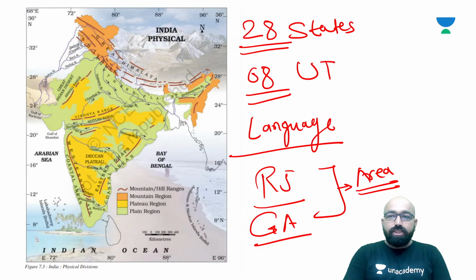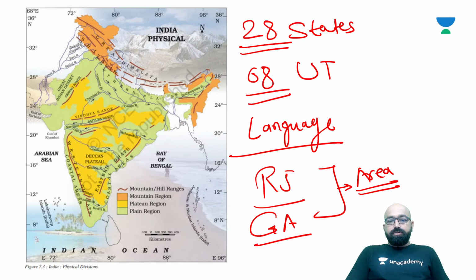So friends, when we talk about physical divisions, India is marked by a diversity of physical features such as mountains, plateaus, plains, coasts, and islands. Standing as sentinels in the north are the lofty snow-capped Himalayas.